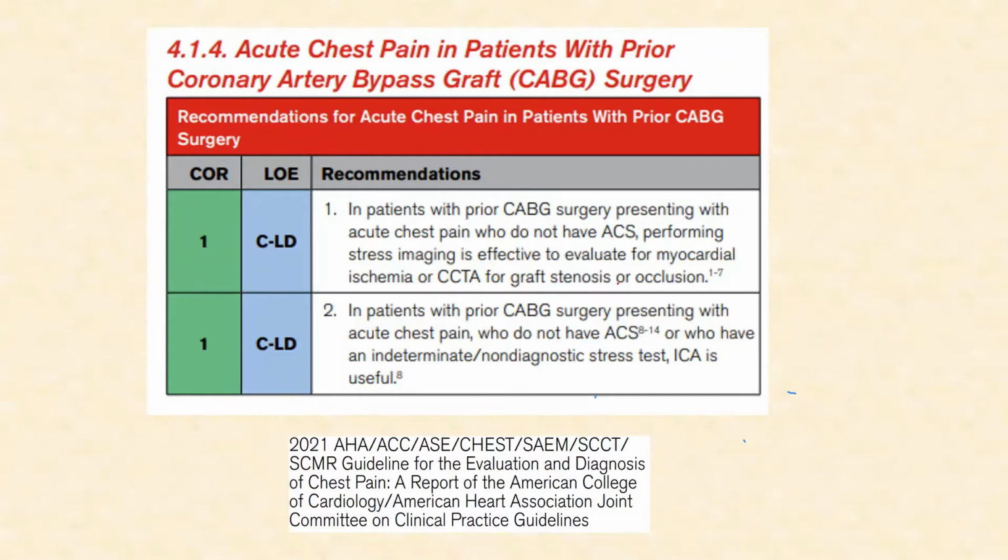Meaning if a patient of CABG comes with acute chest pain and you ruled out acute coronary syndrome, it is class 1 to go for stress imaging. And by stress imaging, we mean stress echo, PET, SPECT, or CTA. So exercise ECG alone is out here. Don't recommend exercise ECG for a patient of CABG. You have to go for stress imaging.